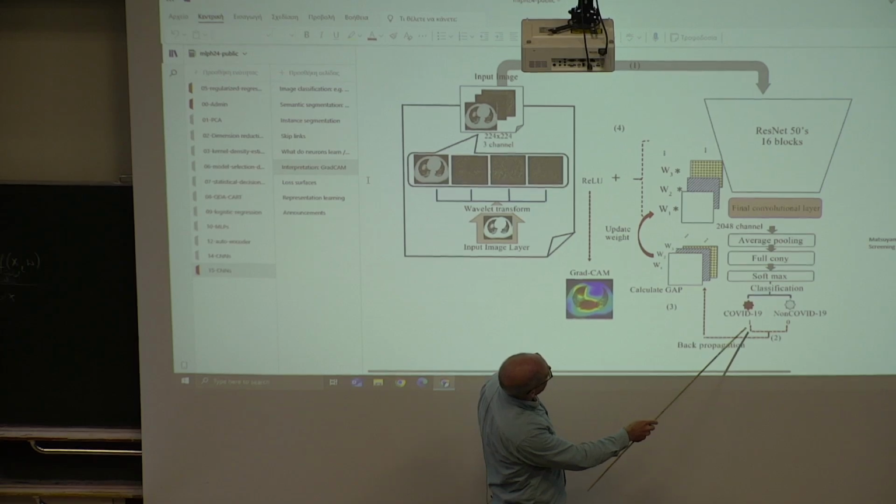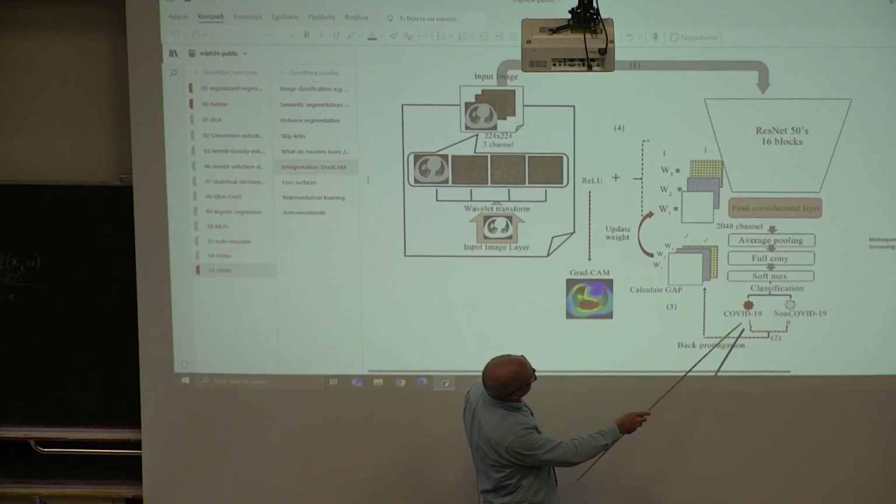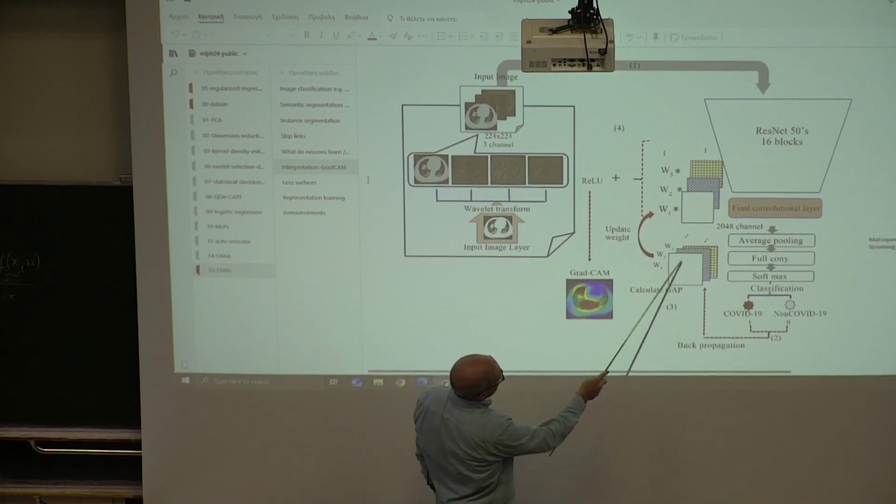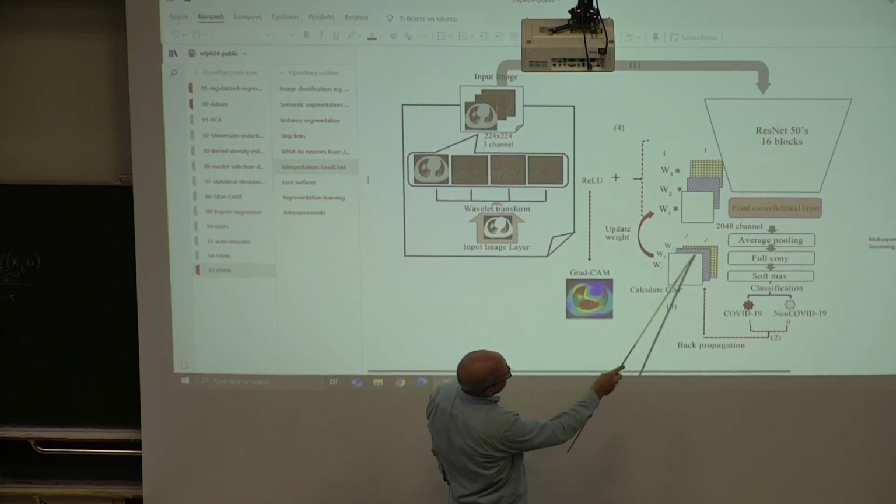And now you can look at the activation images.